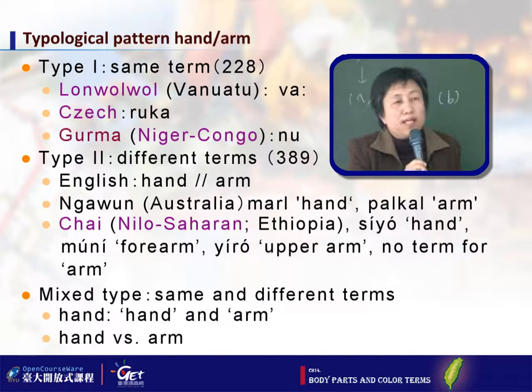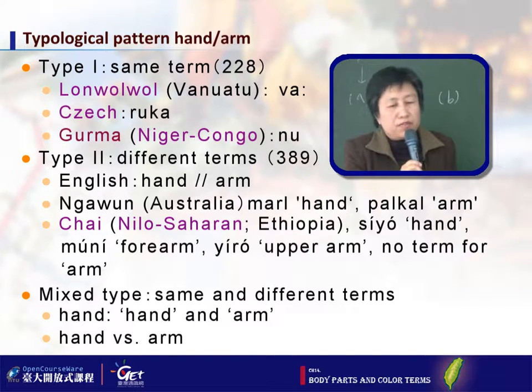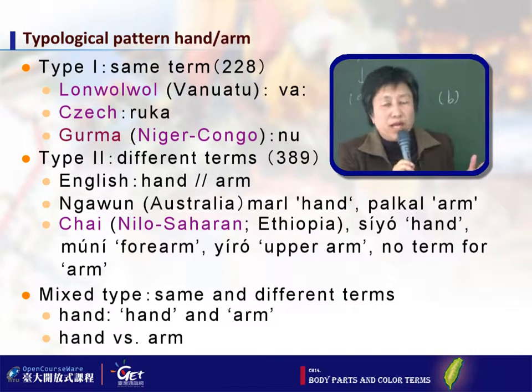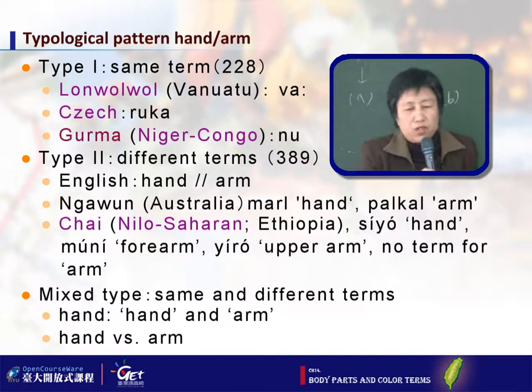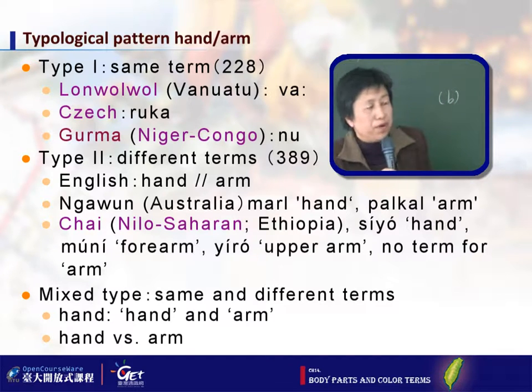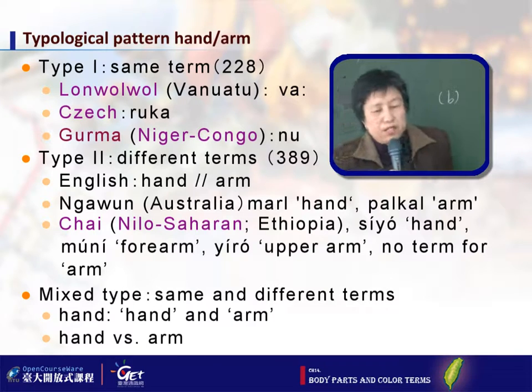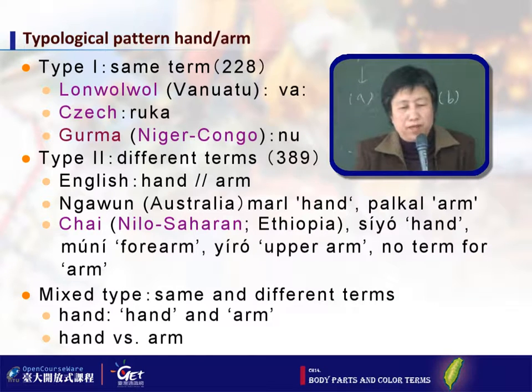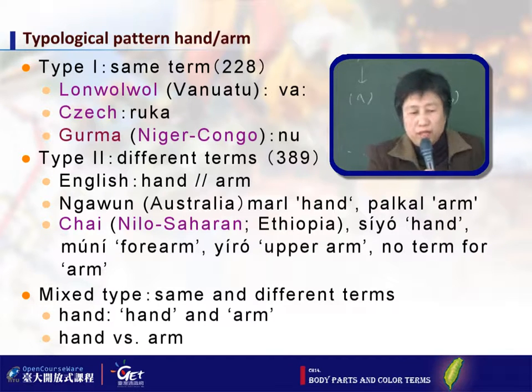So type 1 is hand and arm using the same term. There are 228 languages showing this type of typology. For example, Vanuatu has one term, va, for hand and arm, okay, both.